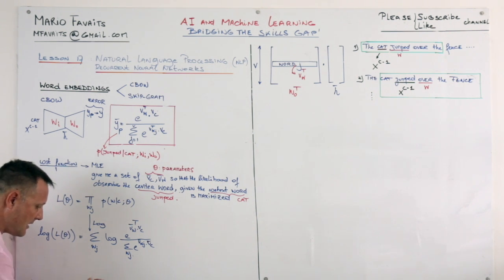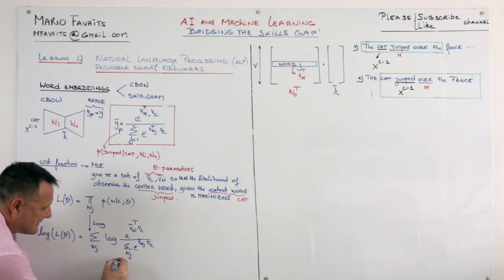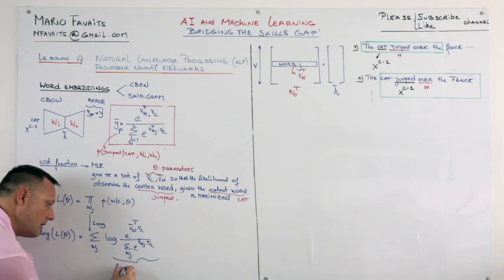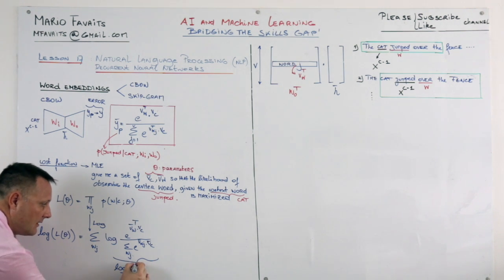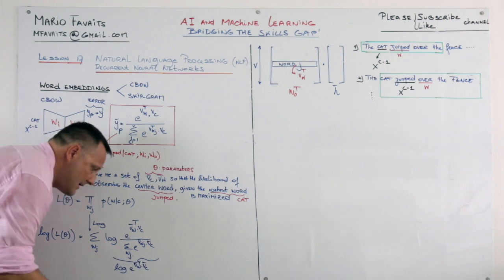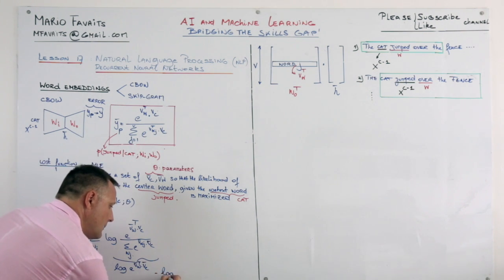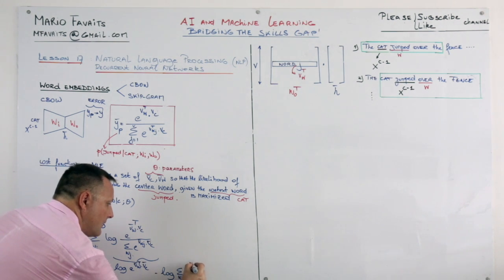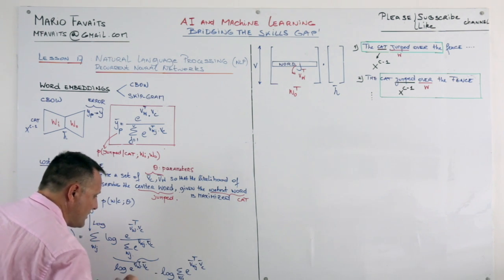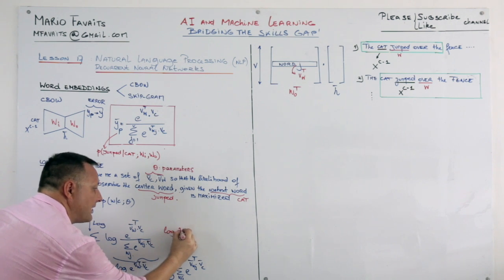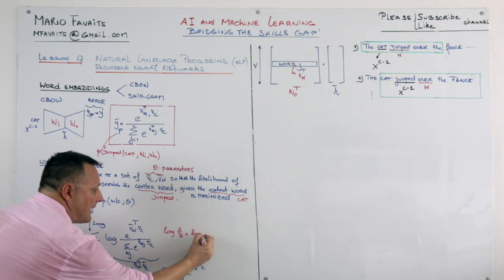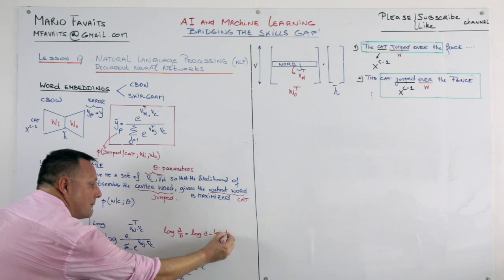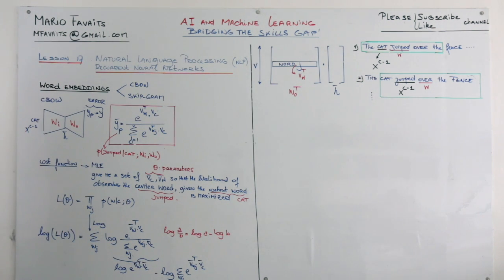Now this log we can write as the log of e to the Vw transpose Vc minus the log of the sum over all words of e to the Vwj transpose Vc, because the log of a divided by b is the log a minus the log b. That's simple algebra.